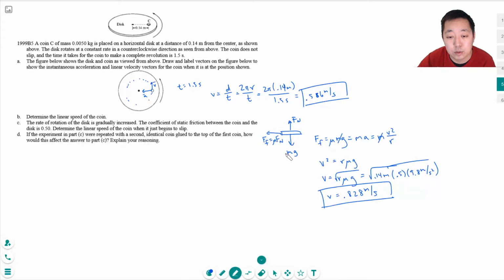This would then become 2 mg, but then this would also be 2m v squared over r. See, the mass cancels. So no change, because the resulting relationship didn't depend on mass.